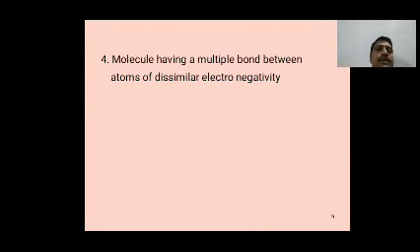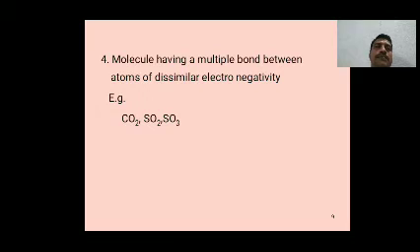Molecules having a multiple bond between atoms of dissimilar electronegativity, like CO2, SO2, NO2, SO3.